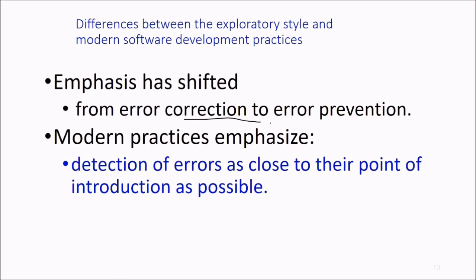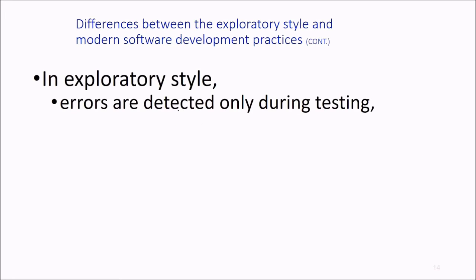Modern practices emphasize detection of errors as close to their point of introduction as possible. If the software has some vulnerability, then that is checked beforehand. While in the exploratory style, errors are detected only during testing, not before testing.